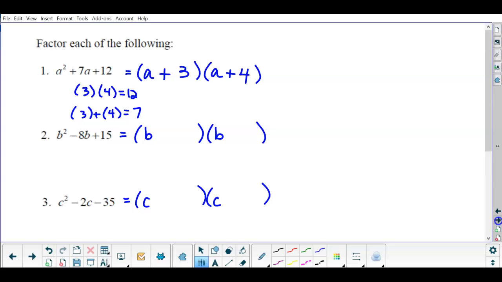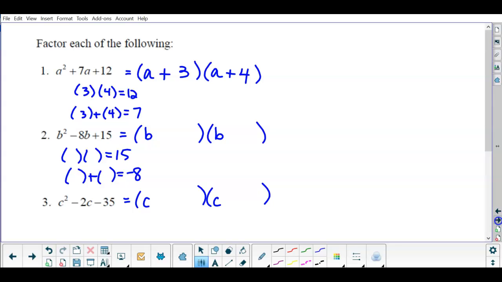And you can always check your work by expanding the brackets back. Sometimes that's how you might end up factoring. It's just a little bit of trial and error that way. Okay, then here, 2 numbers that multiply to 15, add to negative 8. Okay, so they could both be positive or both be negative.